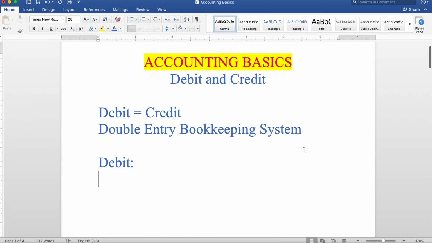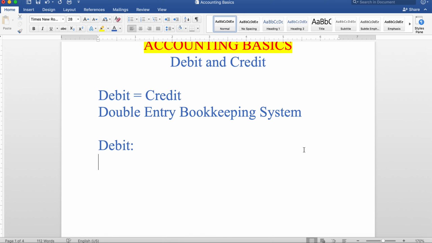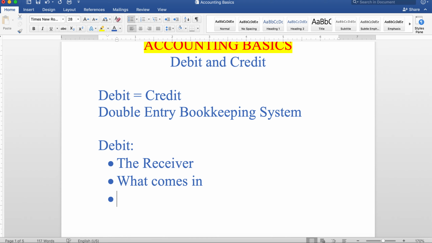So I have a formula here to identify debit and credit. Debits are the receiver. Debits are also what comes in, and debits are all expenses and losses. So when someone receives something, it's a debit. When it comes to you, it's a debit, and all expenses and losses are considered debit.